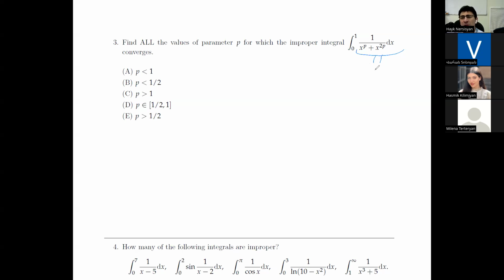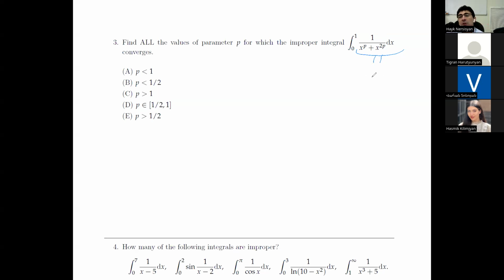What can we do? Think about our comparison tests, maybe direct, maybe limit comparison test. Near 0, what is the behavior of x^p plus x^2p? So it tends to 0, but what is the rate?